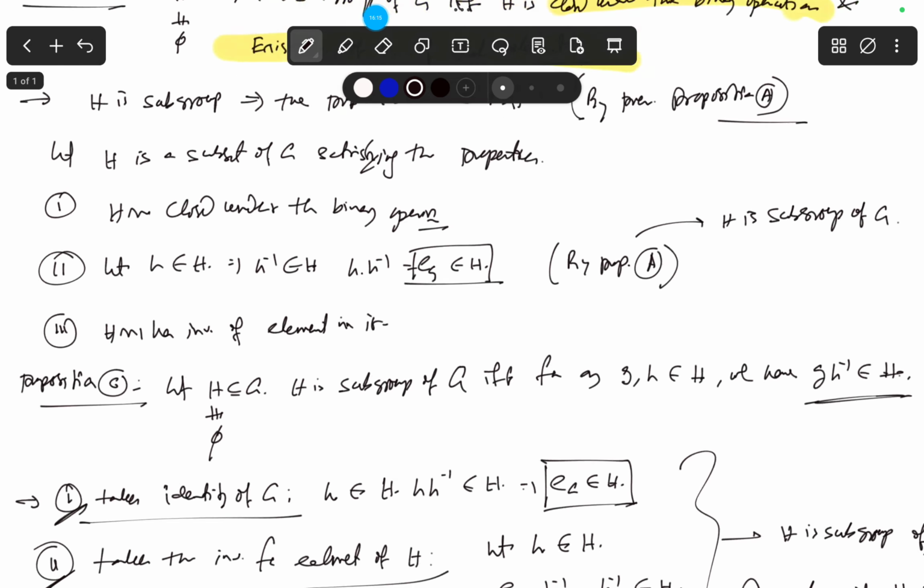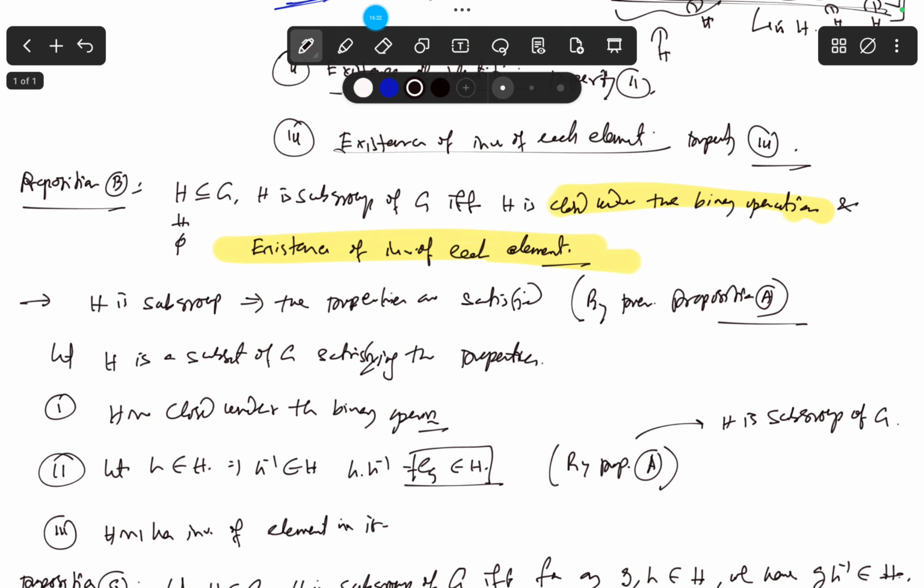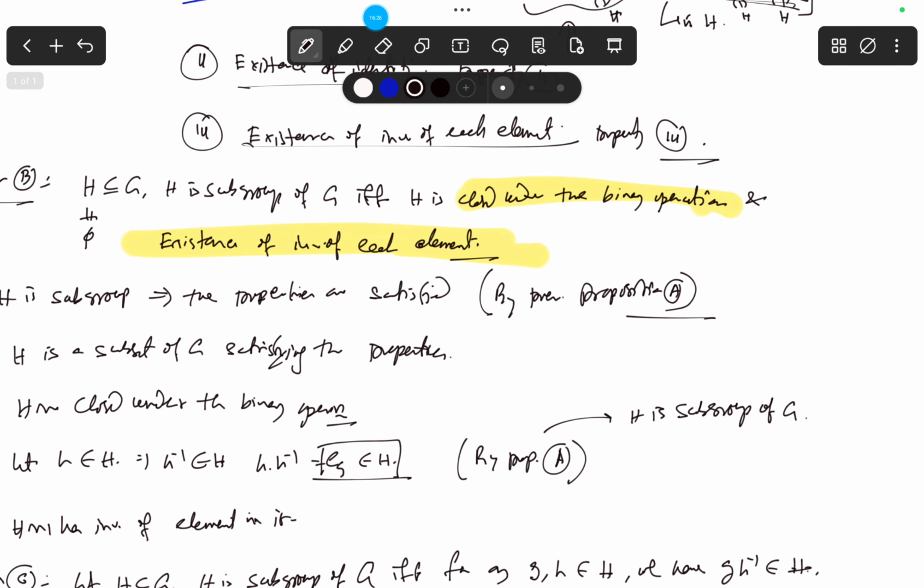In fact, in the last propositions, proposition A and B as well, the proofs go both ways, so we can prove the converse statement as well.